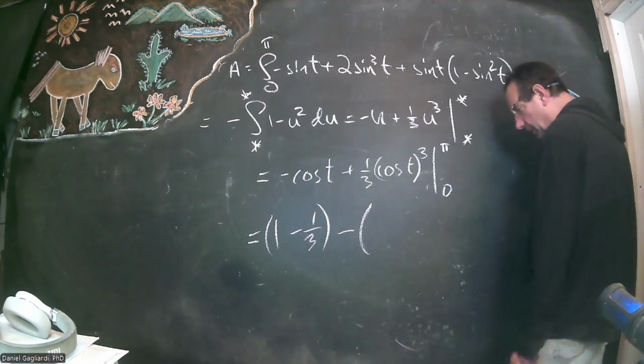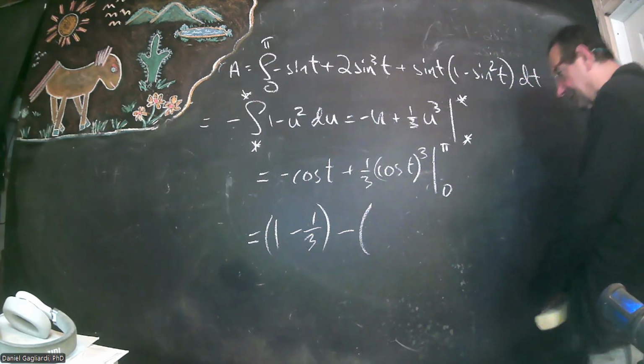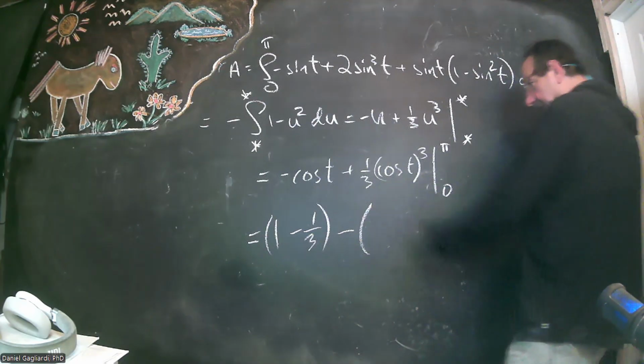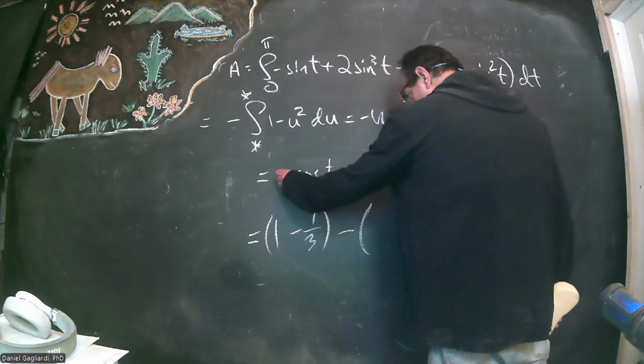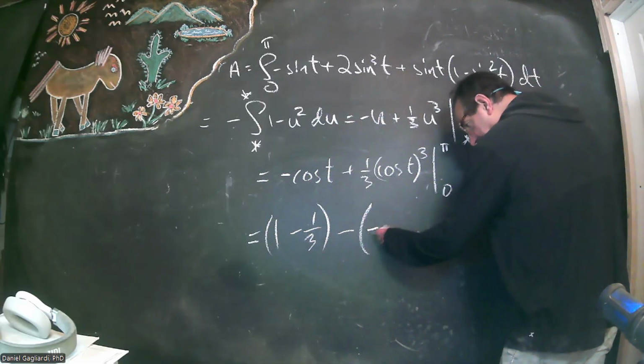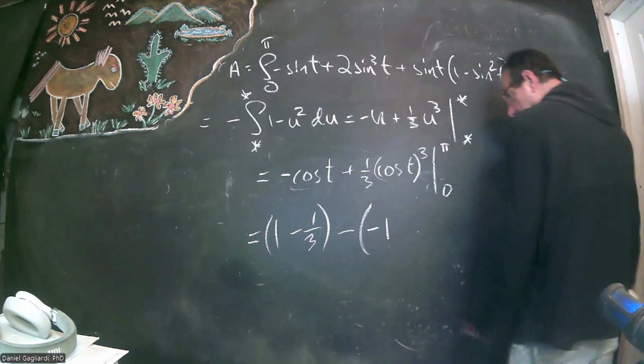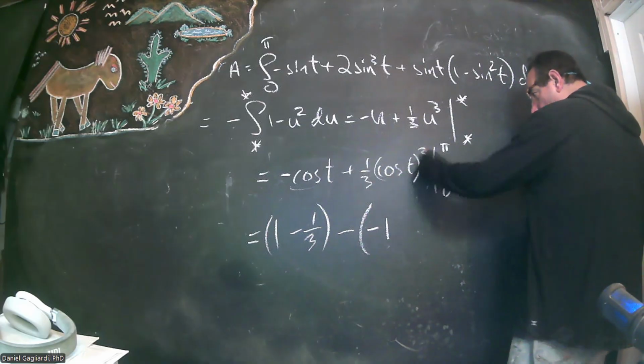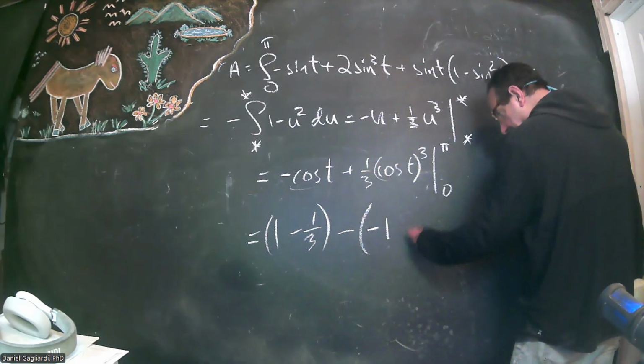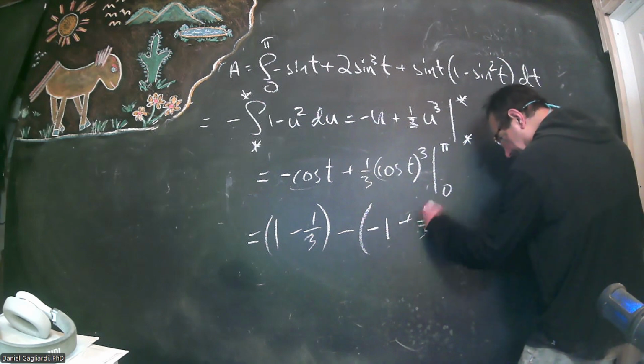So we plug in a 0 and we get negative cosine of 0. Cosine of 0 is 1, so we get -1 here, and then we have 1/3 here, so +1/3 there.